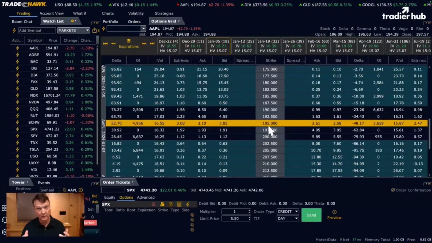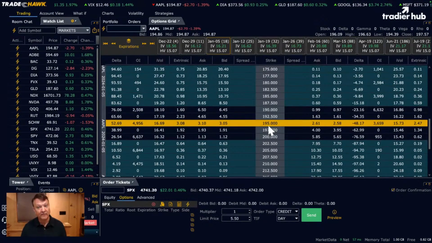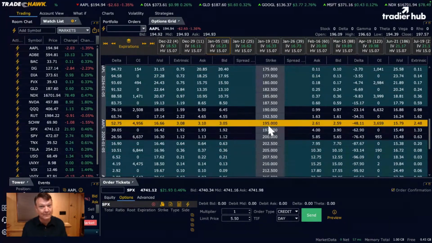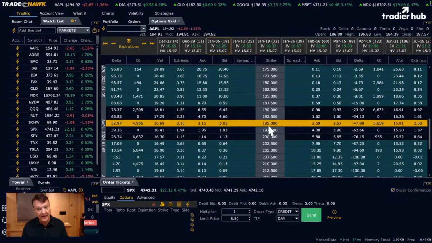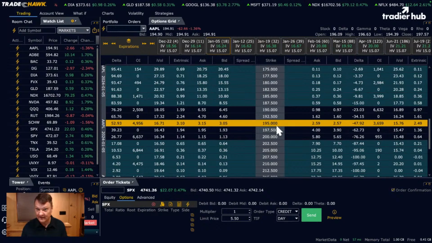So that's what I mean when we're talking about leverage. Very, 1.5% of the total cost to buy 100 shares of underlying stock. I can buy a lot of them. But I also have to realize that if the market finishes below 195, I can lose everything that I bought.